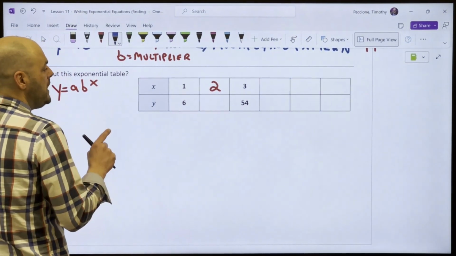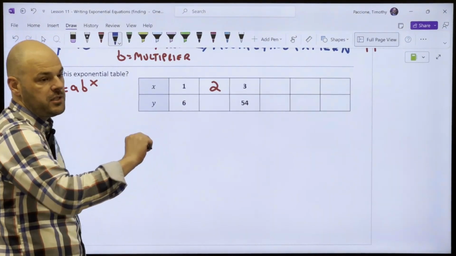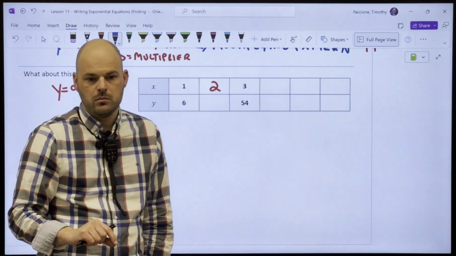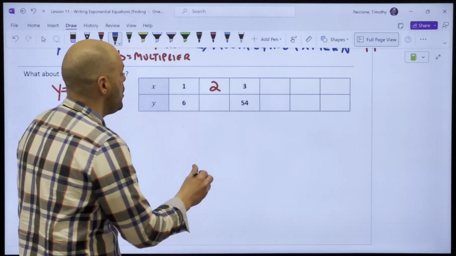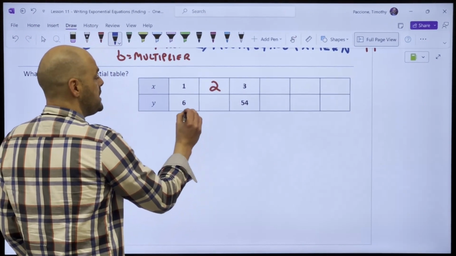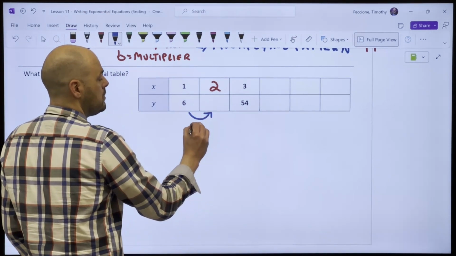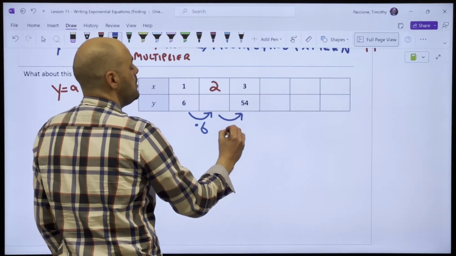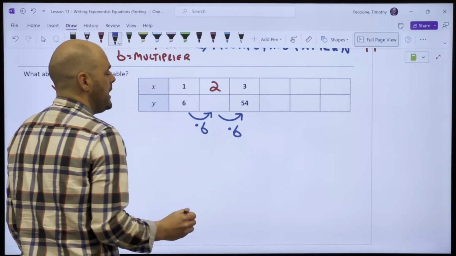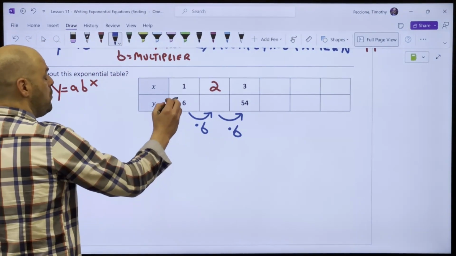Now, we know to get from one number to the next, you do what in exponential equations? You multiply. What do you multiply by? What letter? B. So we know whatever B is, to get to this number, we're going to multiply by B. And then, again, we're going to multiply by B. Okay? So think about this process.